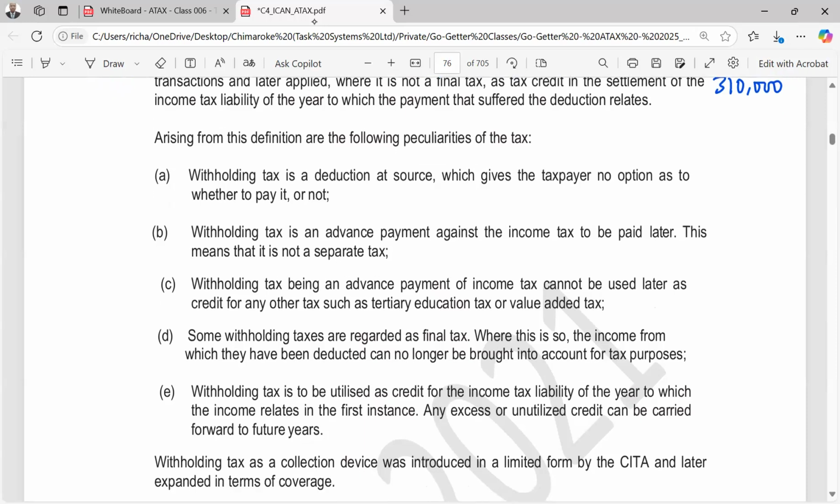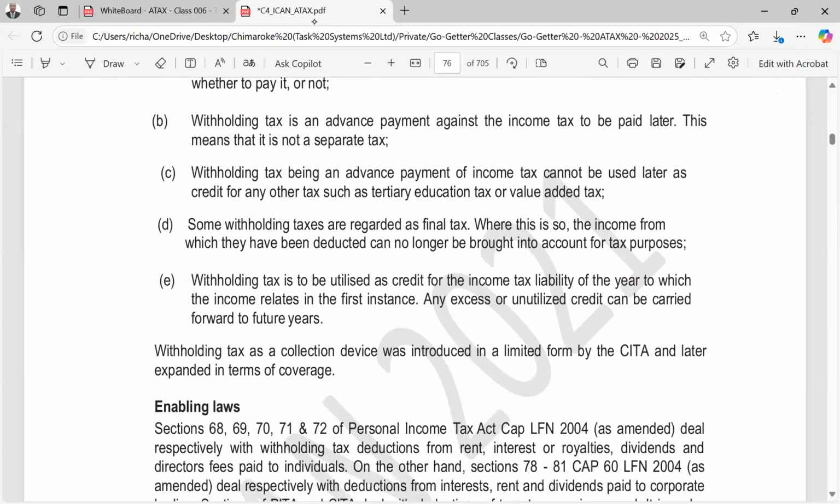Withholding tax is to be utilized as credit for the income tax liability of the year to which the income relates in the first instance. So it means if you pay withholding tax for 2023, it is 2023 that you are going to use the withholding tax credit note to offset.